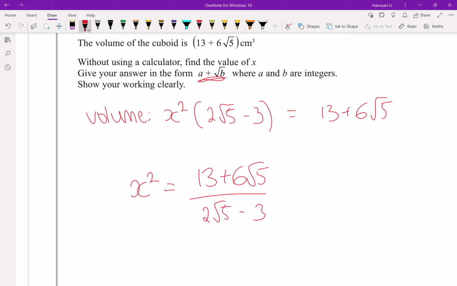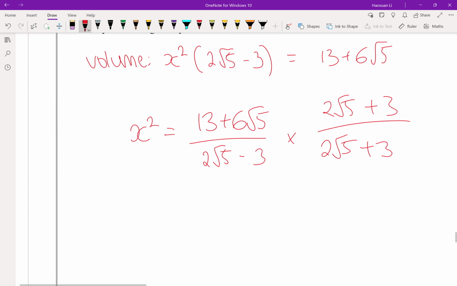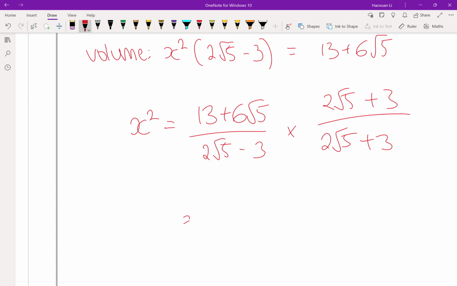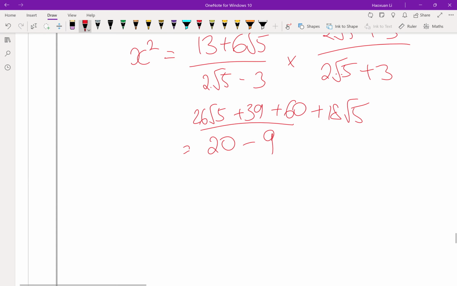But you're meant to get it in this form, so you need to rationalize it. So you multiply by the conjugate. So this times this will be 20. So minus 3 times 3 will be negative 9. So the upper bit will be 26 square root of 5 plus 39 plus 60 plus 80 square root of 5.